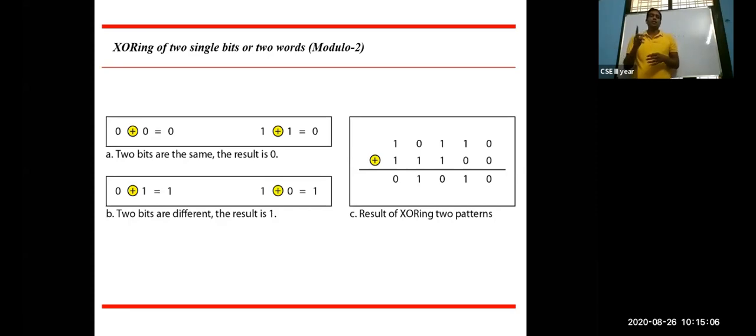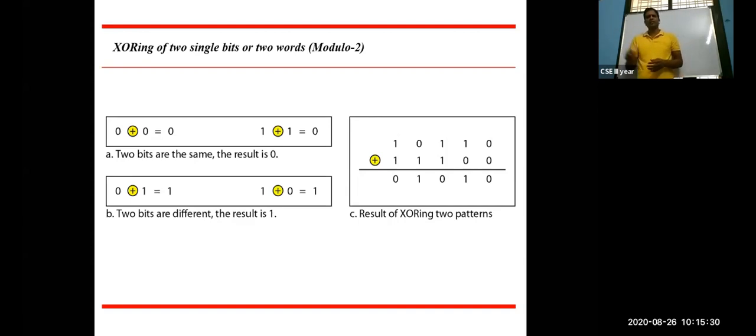Then the second rectangle, 0 added or subtracted with 1 will give you 1. 1 added or subtracted with 0 will give you 1. The plus with circle is an exclusive OR symbol over there. Modulo 2 is a simple example of the exclusive OR operation.